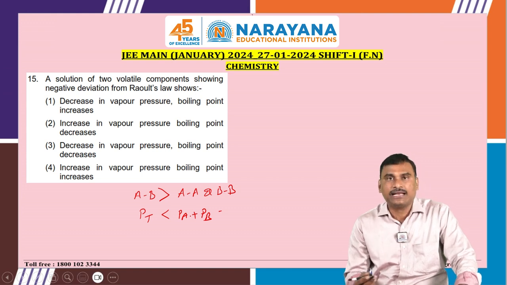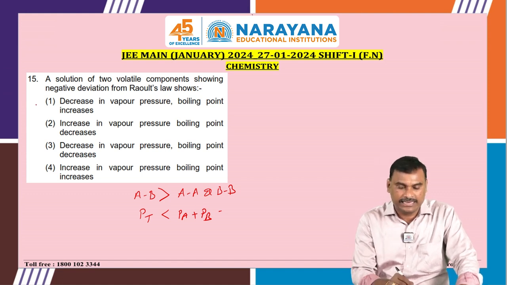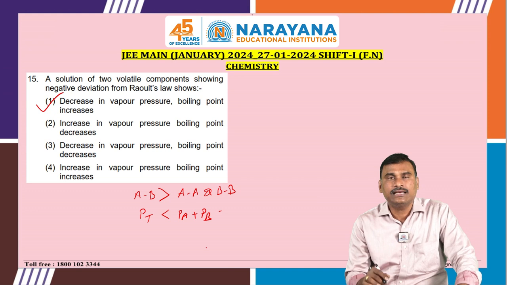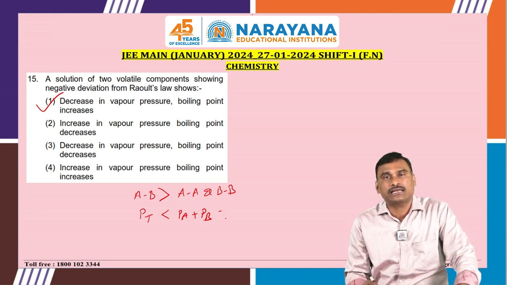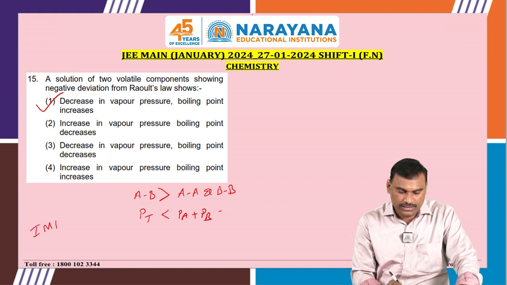Therefore, the vapor pressure after mixing, because of the interaction increasing, decreases and the boiling point increases. Since after mixing the intermolecular forces are greater than before mixing, and the intermolecular force is inversely proportional to vapor pressure.